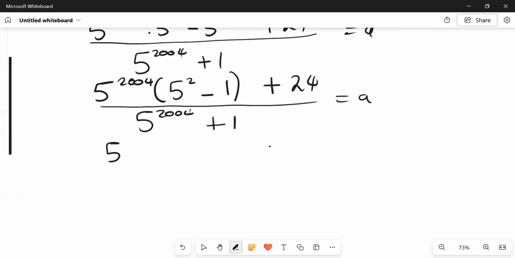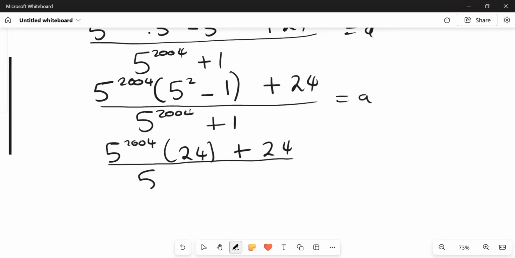So this is equal to 24, and then plus the 24 that we've been having all along. And then this is 5 to the power of 2004 plus 1 equals A, right?